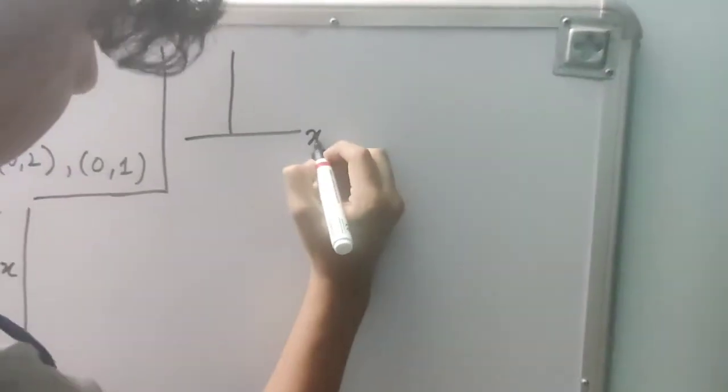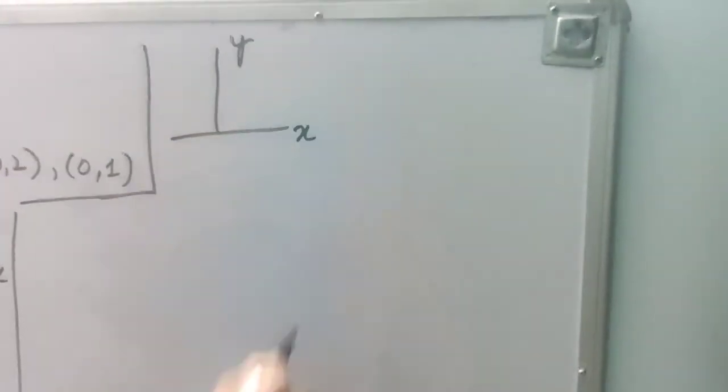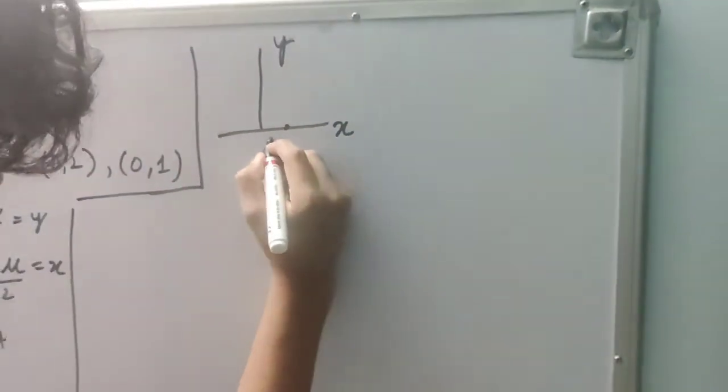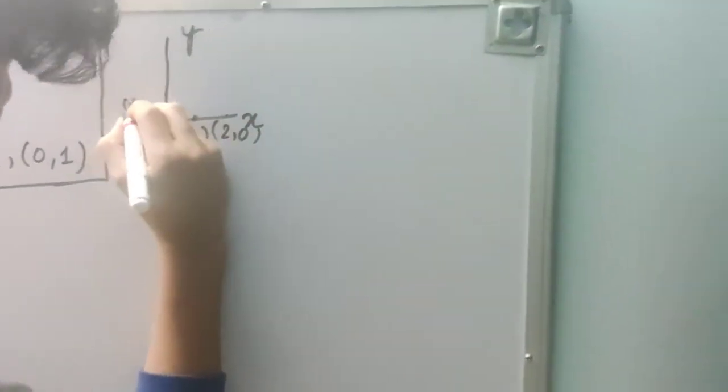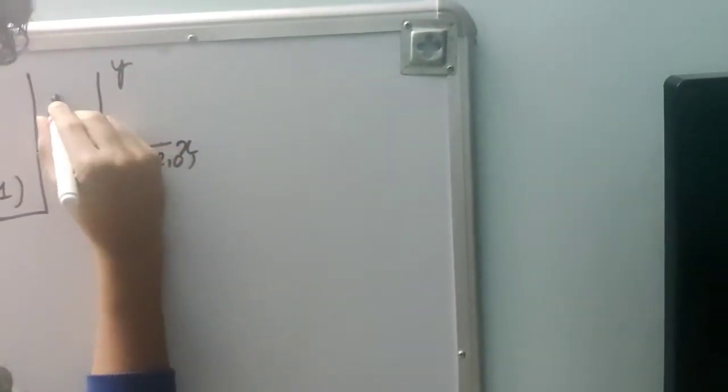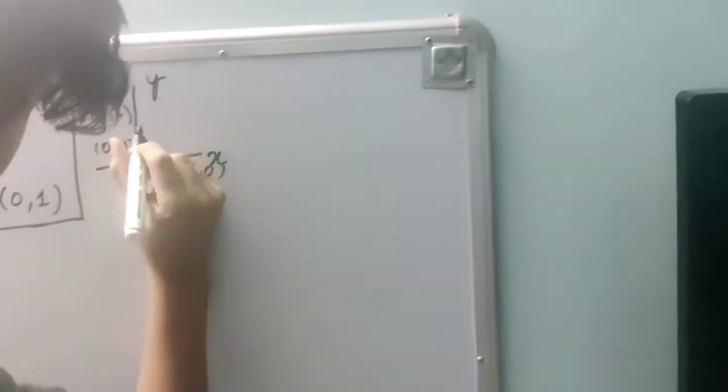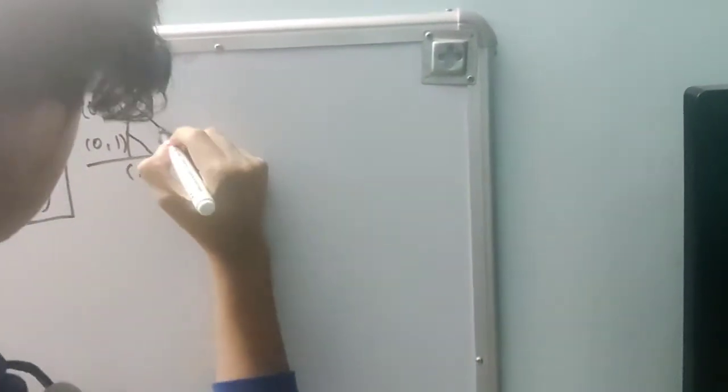Now we'll plot the graphs in terms of xy and uv to get the limits in terms of u and v. So first we'll plot the xy graph. We have the points (1, 0), (2, 0), (0, 1), and (0, 2). So we'll get this enclosed region.